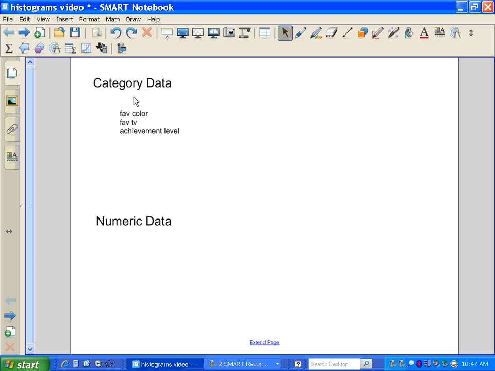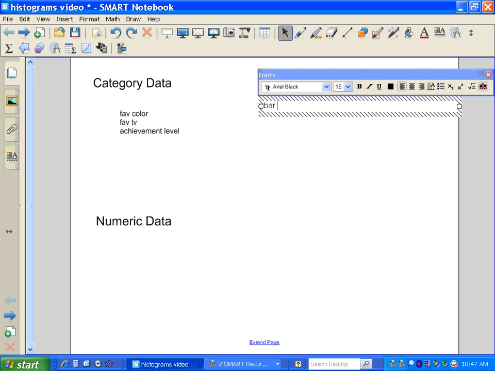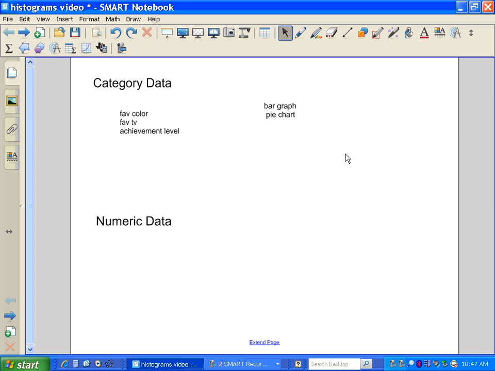When we use category data, we can put it into a data display or a graphical form. And when we do that, we are going to make a bar graph or a pie chart / circle graph. Those are the data displays reserved for category data.